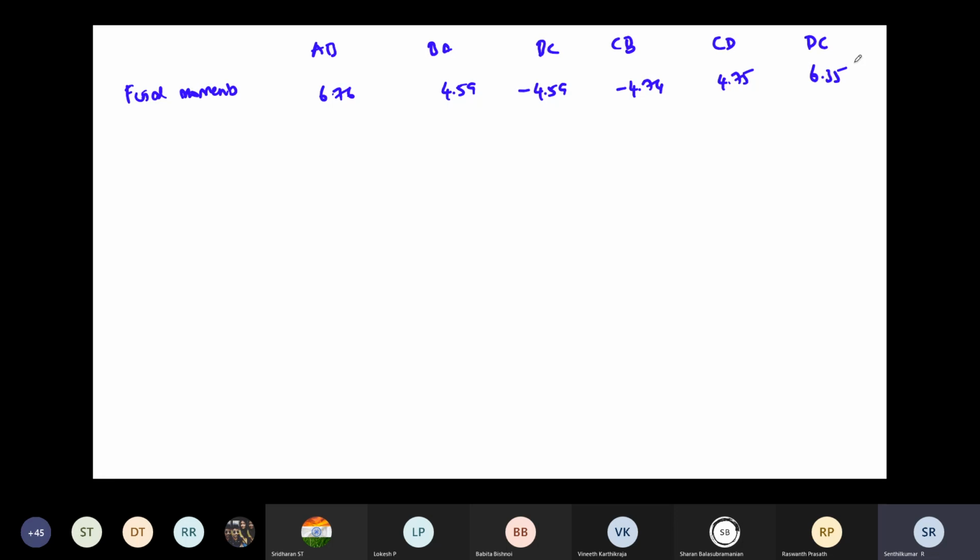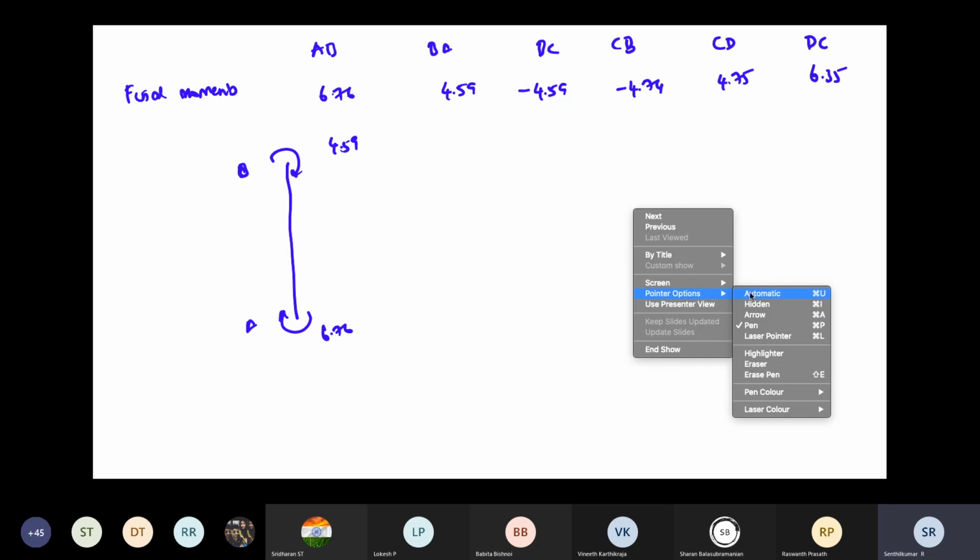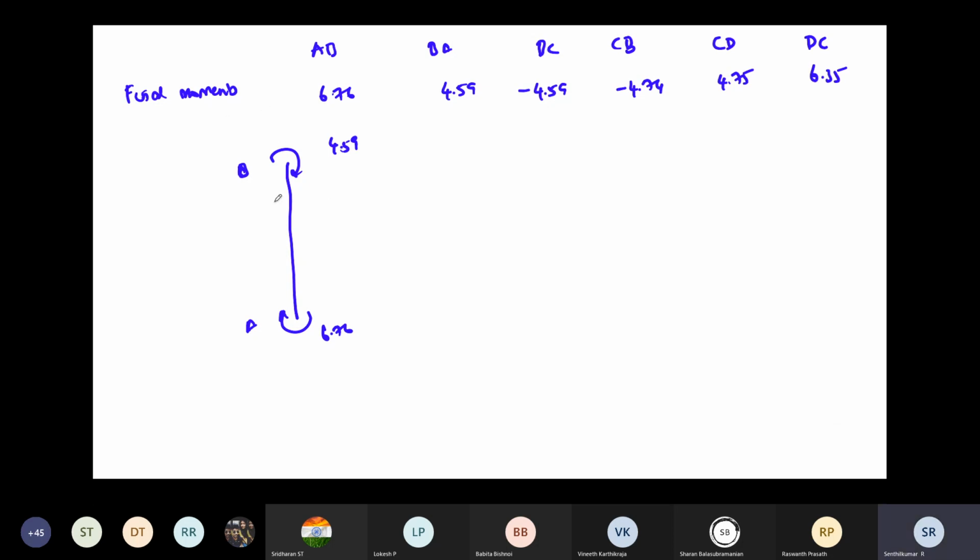So okay, now what is our question? Due to the moment, what will be your horizontal force? That I can calculate again, right? Reversely. So due to that force, A, B and BA, right? So clockwise moment 6.76. Again, this is a clockwise 4.59. Okay. So what I can do is find out HA. This is clockwise, so I require anti-clockwise.